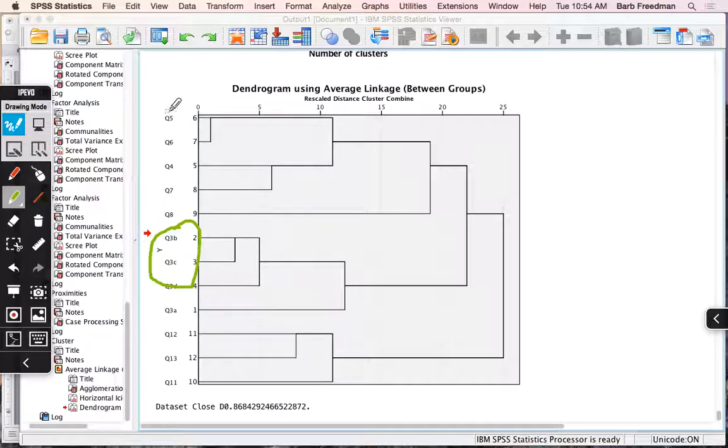And actually not very much stronger if you add Q3 so that all the Q's are together. Also 11, 12, and 13 make a nice little cluster. So they could be three factors.